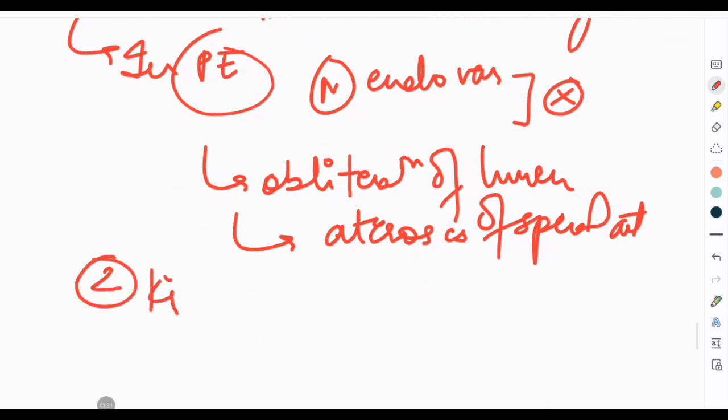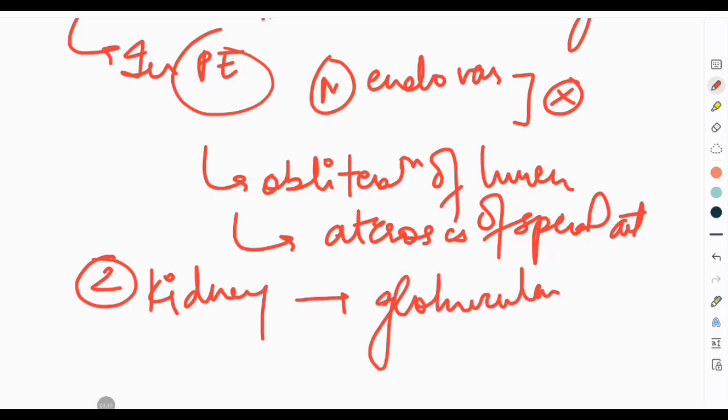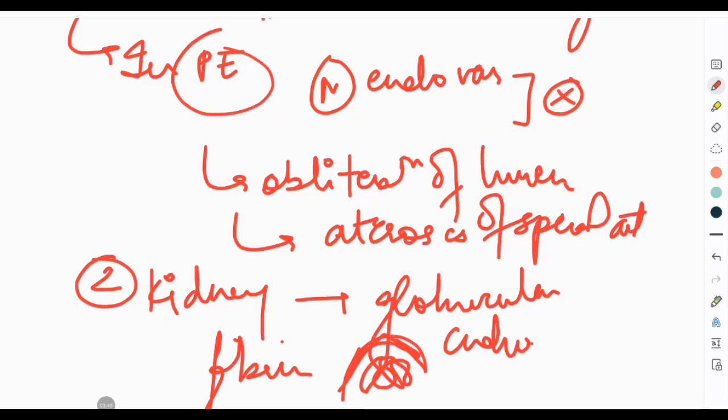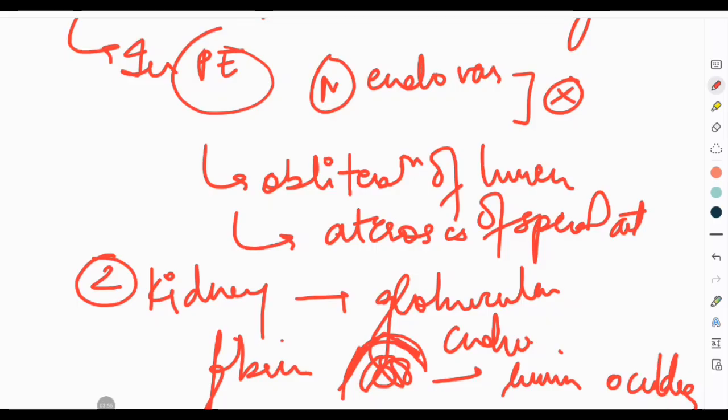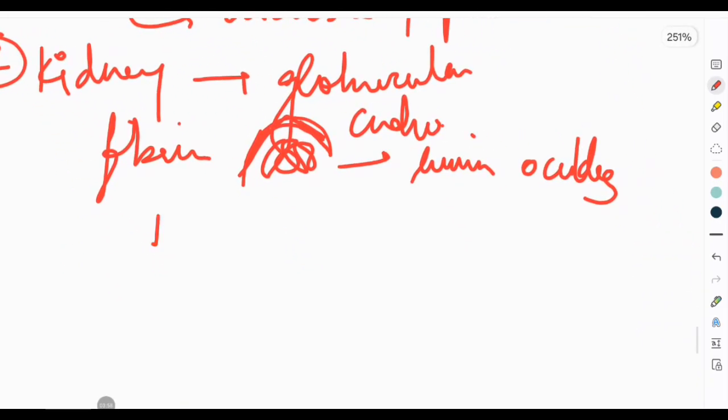Then it affects the kidney. As we discussed, there is glomerular endotheliosis. Fibrin is deposited in the basement membrane. This is the glomerulus, then there is the basement membrane, and the lumen occludes. Decrease in the GFR, 25%.